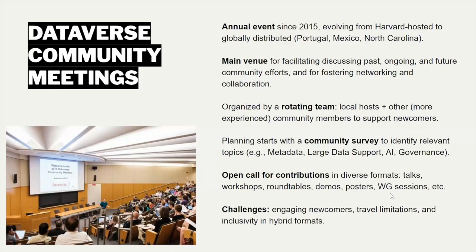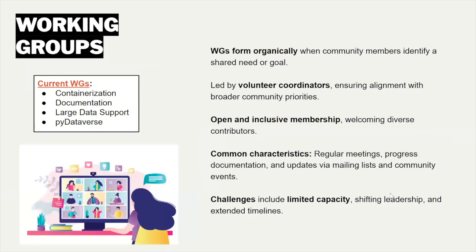So the next type of community effort is working groups, and they usually form organically when community members identify a shared need or goal. We also encourage people to coordinate, to chair such groups, and they're open for everyone to participate.